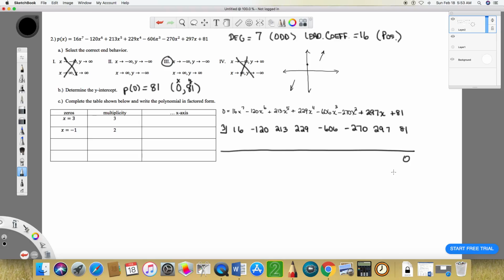So we're expecting a 0 right here. Let's see if we get it. Let's pull the 16 down. Multiply.